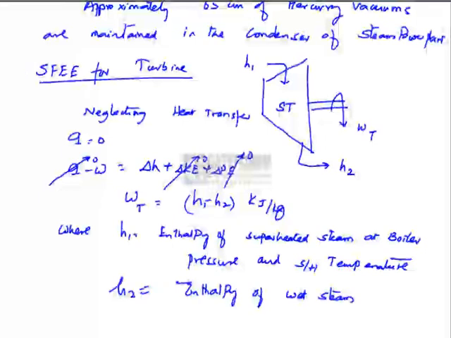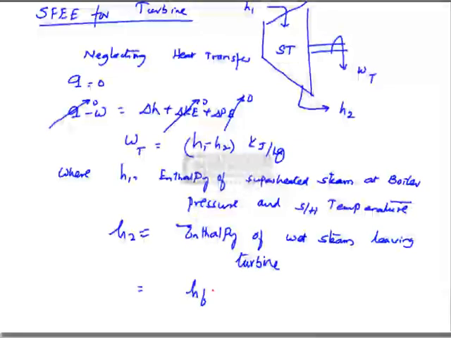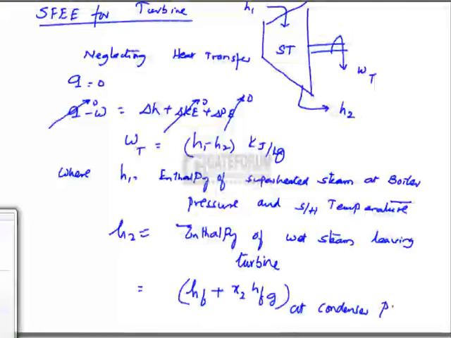H2 is the enthalpy of wet steam leaving the turbine, which could be calculated as HF plus X2 into HFG. Previously we have discussed how to calculate enthalpy of wet steam. All this is to be calculated at condenser pressure, where X2 is the dryness fraction of exhaust steam.